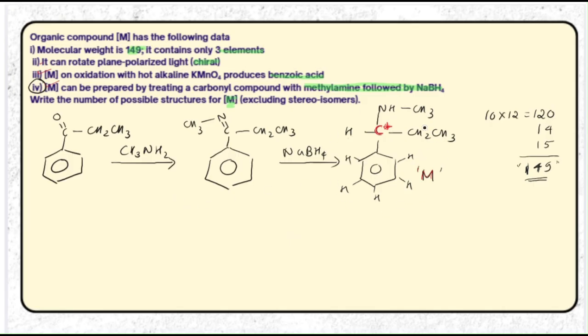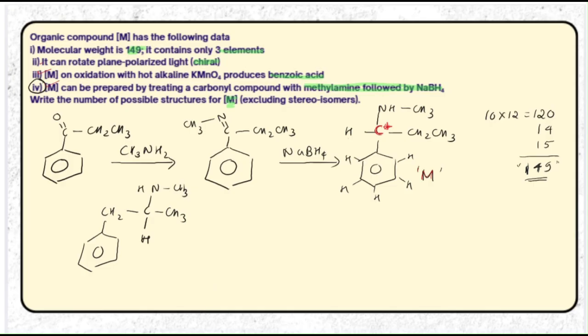So for that, I'll write the possible structures for this molecule. Let's write down benzene. Instead of the carbonyl being taken here, I'll take the carbonyl over here like this. When I take the carbonyl over here, the methylamination will happen here. So there is NHCH3, and the hydrogen will add over here like this.